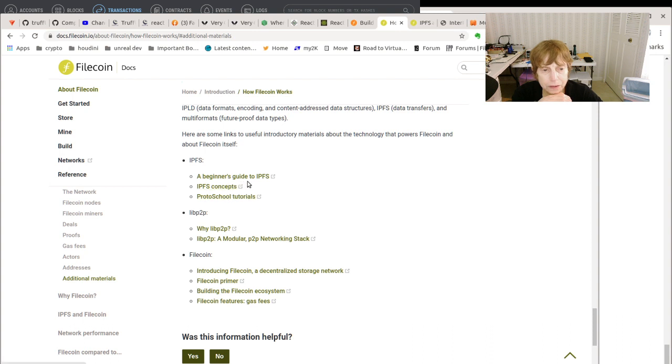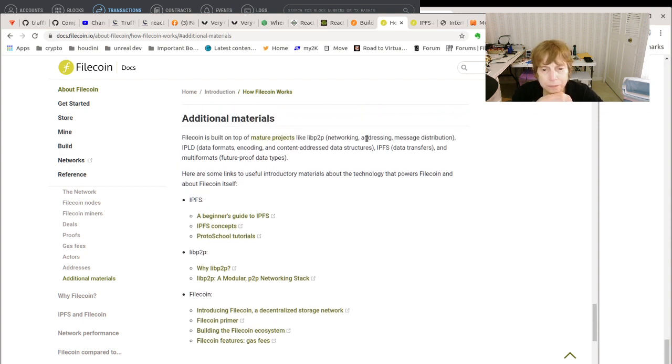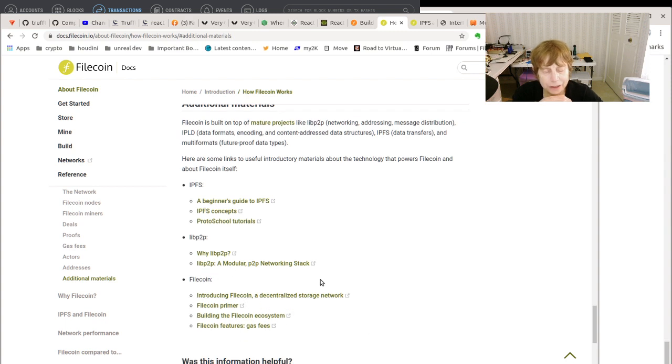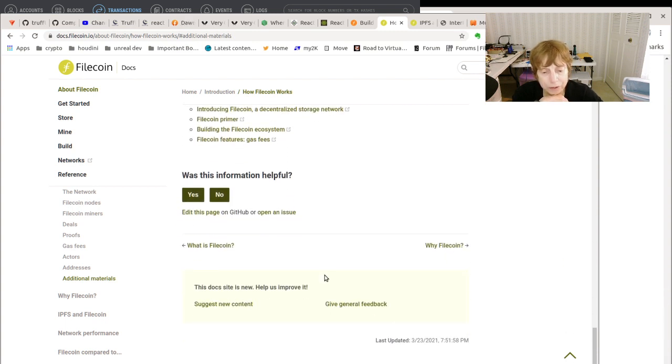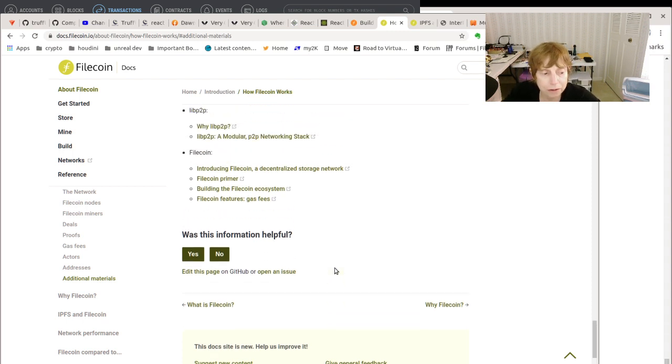So libp2p handles the peer-to-peer networking, IPFS and IPLD handle the data storage, and Filecoin, of course, is the economic system involved. So hopefully this has been helpful and gives you an idea.